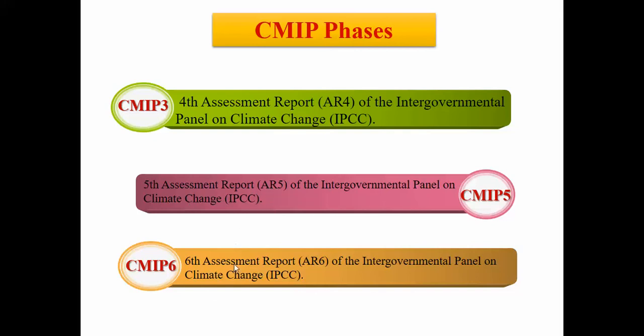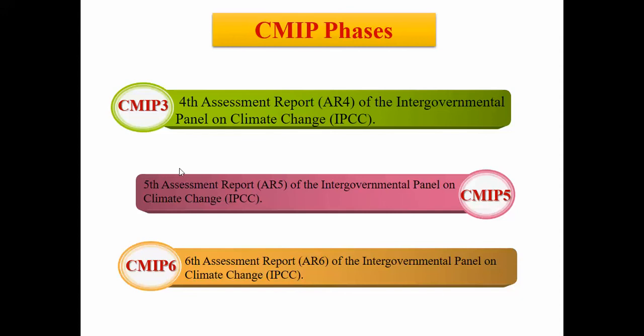After that, CMIP6 is nowadays being developed. It is under development, and different models are also being published. It is not complete, but it would be published as the sixth assessment report of IPCC, under different scenarios that we call SSP.